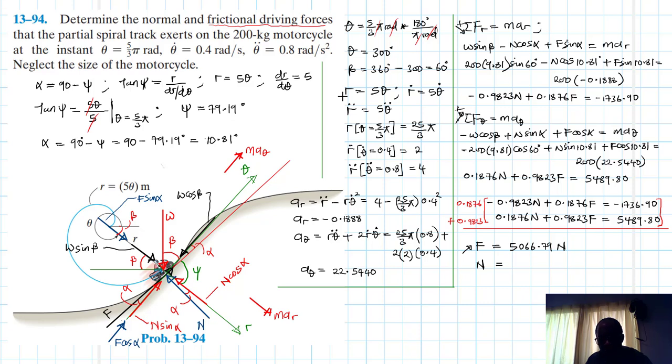So I'll say 5489.80 minus 0.9823 times 5066.79, then divided by 0.1876.